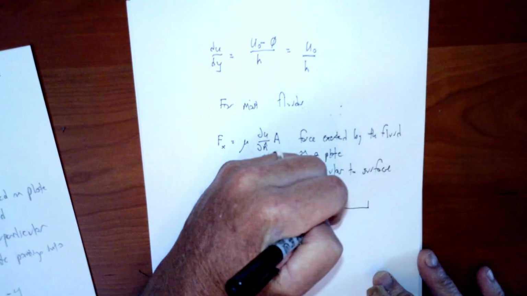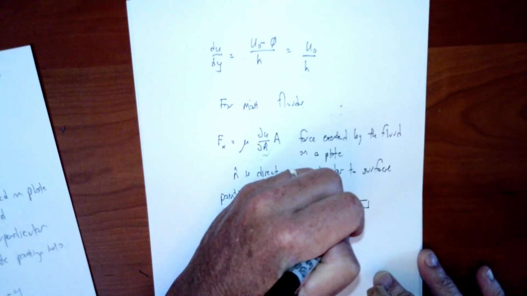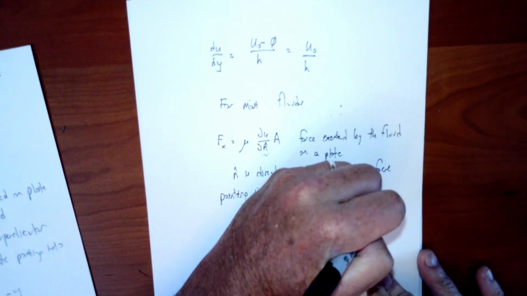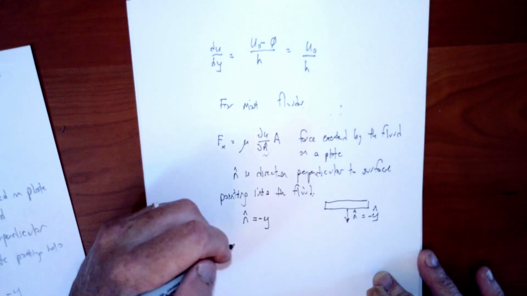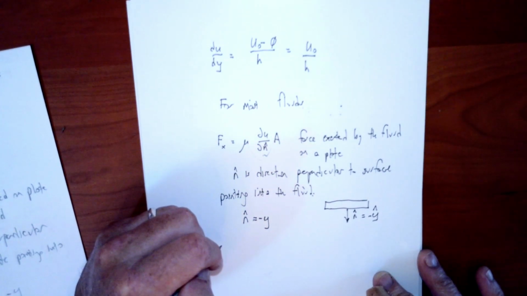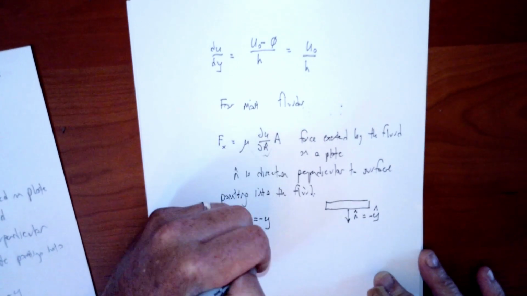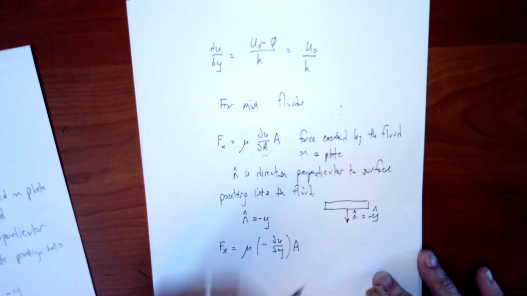So from the top plate, of course, pointing perpendicularly into the fluid, that would be our n hat. And of course, we can see that that is equal to the direction of negative y. So we're going to have a negative y there. So the force exerted by the fluid on the plate is going to be Fx equals mu times minus du dy times the area of the plate.